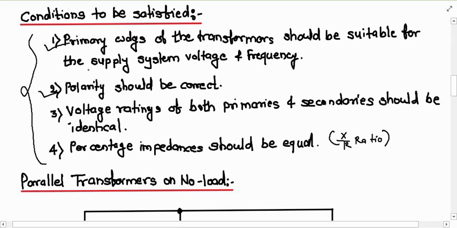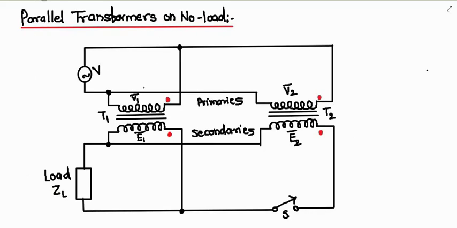Now let us see, students, the parallel transformers on no load. This figure shows the parallel connection of transformer T1 and transformer T2. The transformers are paralleled on both sides with the proper polarities. The primary voltages V1 and V2 are both equal.